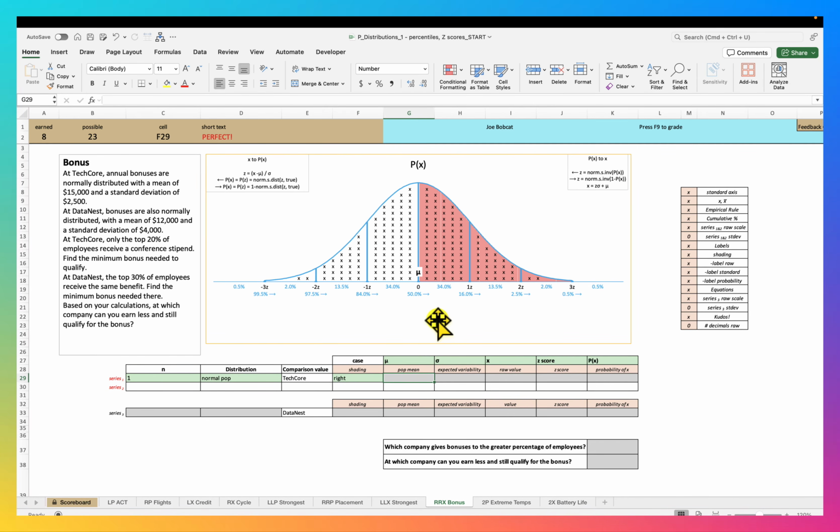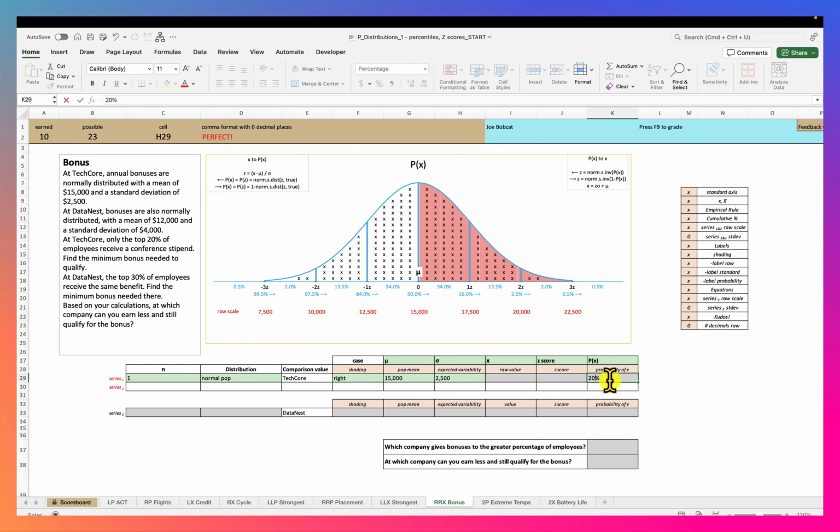Population mean is 15,000 at TechCore. Expected variability is 2,500. We are looking for x, so we don't know it, but we do know the probability that the bonus only goes to the top 20%.